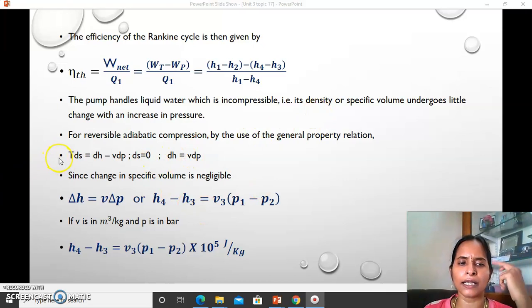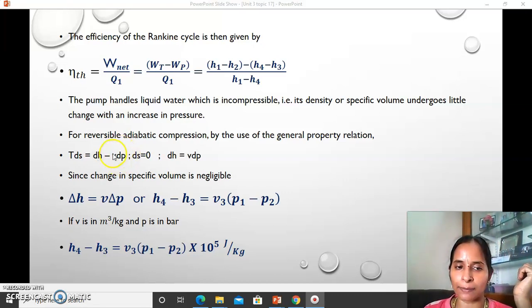Another very good option for finding the pump work is this equation, del Q equals dE plus del W. It takes this form because Q equals TdS and energy here means only enthalpy, since it consists of both U and PV flow work.